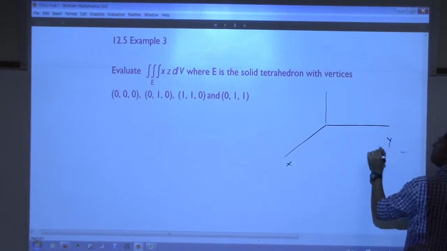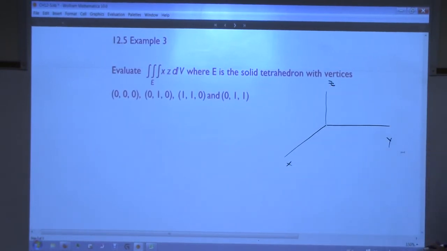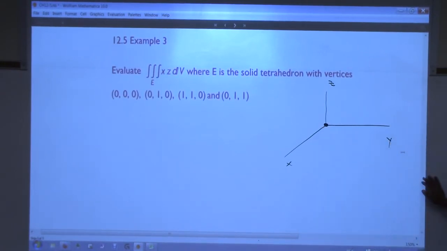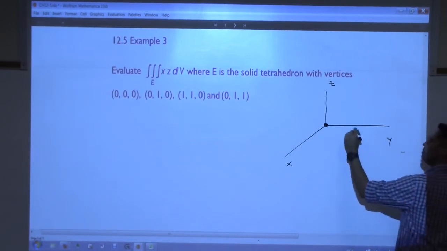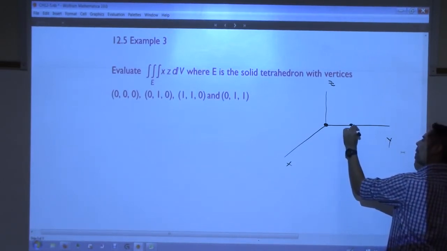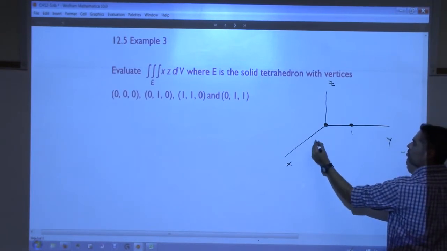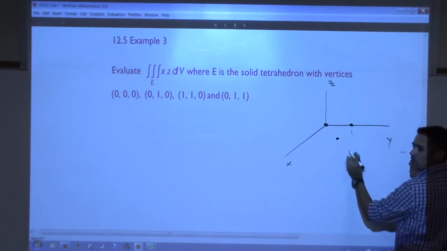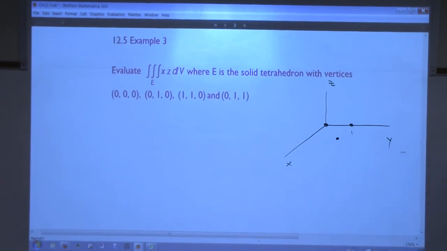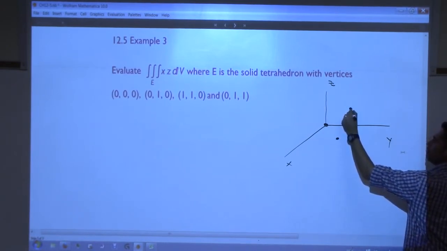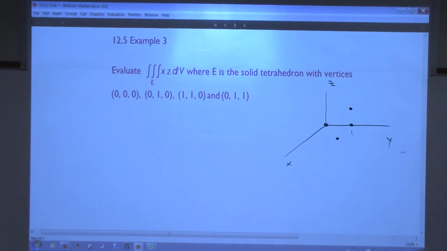X, Y, Z. Okay, the origin is one of the points. 0, 1, 0 is this point. 1, 1, 0 here. That's on the ground. And then 0, 1, 1. Do y'all see it? Connect them.